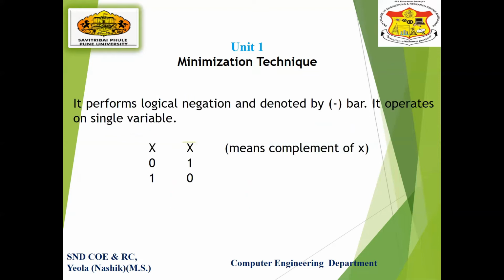Next we proceed to the slide. As we know, we have the AND operator, the OR operator, and the third one, the NOT operator. These are the basic operators we use, and they can be used for Boolean functions and Boolean laws.